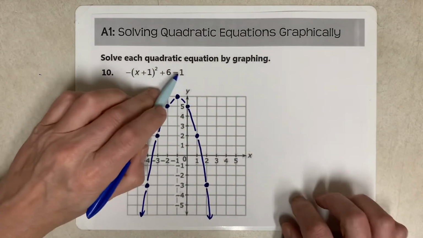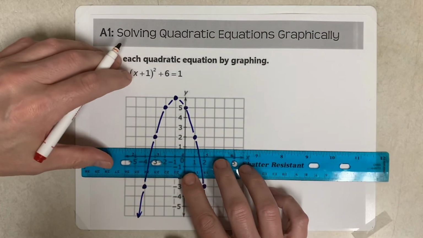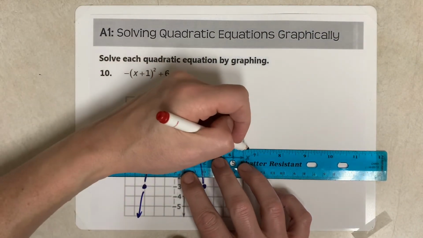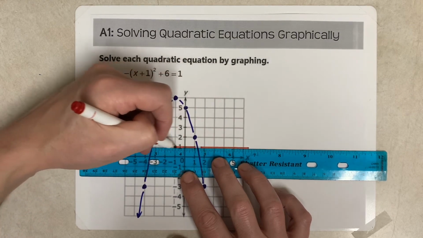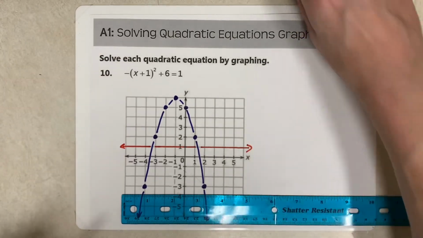Okay, so where's that equal to 1? Well, let me put 1 on there and show you. Here's 1 for y. So we're trying to figure out where that equals 1. And again, it looks like we don't have any nice numbers.